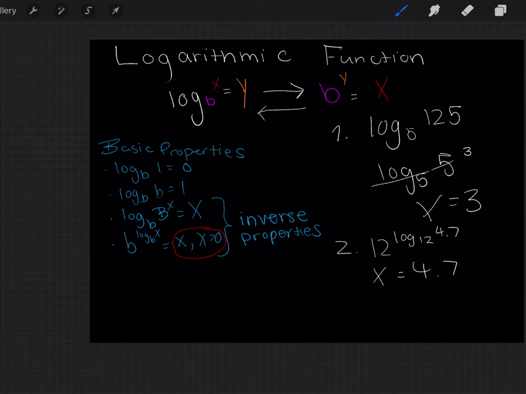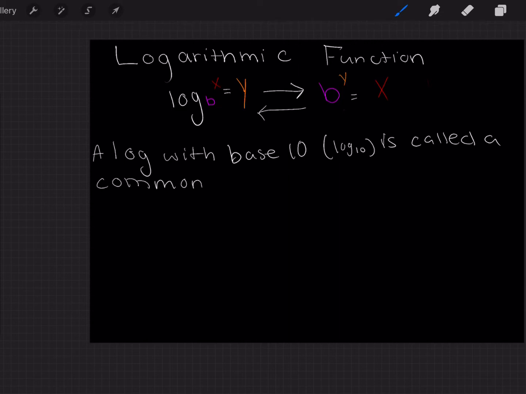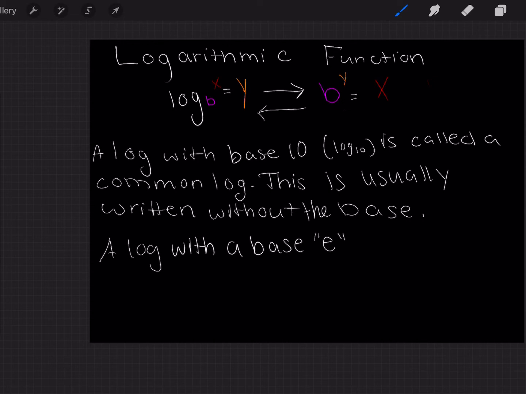Now, it's important to know, and this is something that I really should have known before I started my pre-calc, but it was a total game changer as soon as I learned that this was why some of these rules did apply and didn't apply. So a log with base 10, so log base 10, is called a common log. This is usually written without a base, which was the part that had confused me. And a log with base e, or log base e, is a natural log.